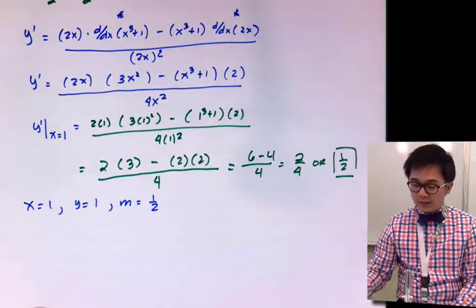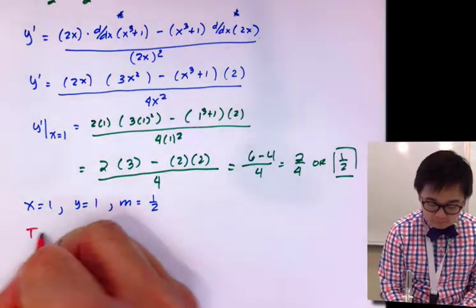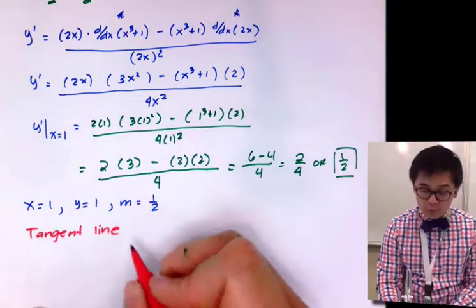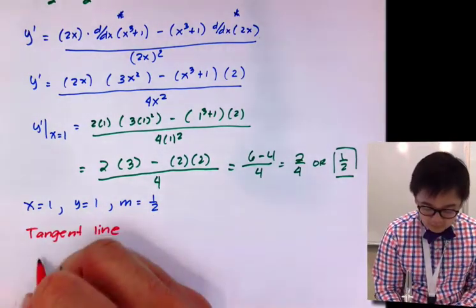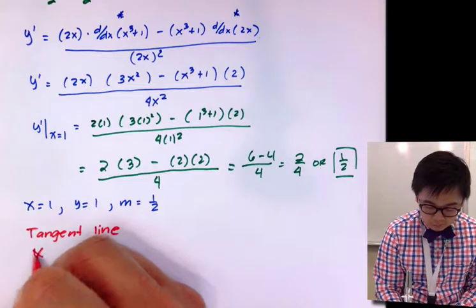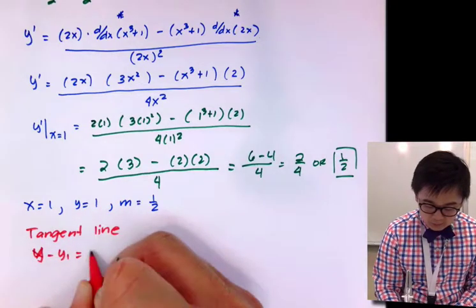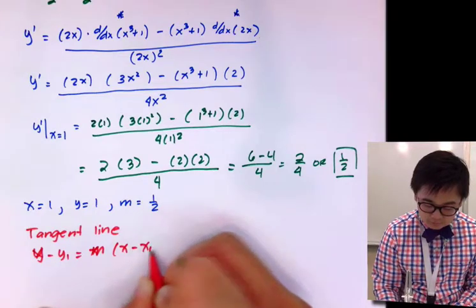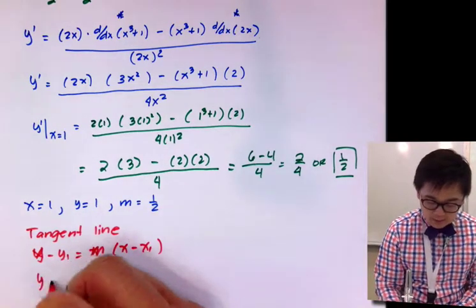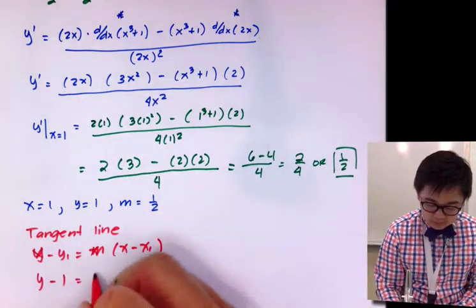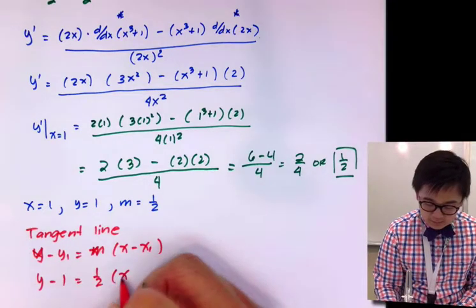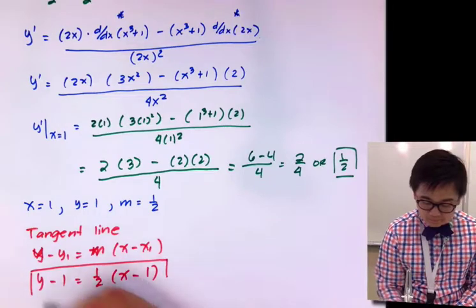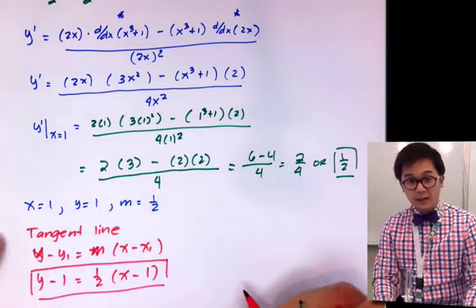So if we're going to write the tangent line to this curve at point 1, 1, it will simply be y minus y sub 1 equals m times x minus x sub 1. So y minus 1 equals 1/2 times x minus 1. This will be the tangent line.